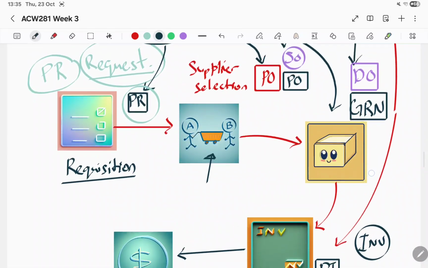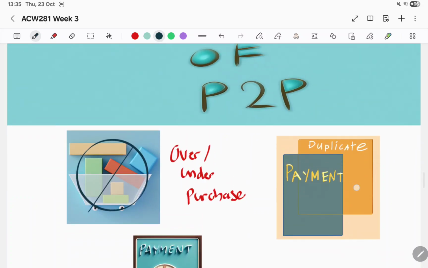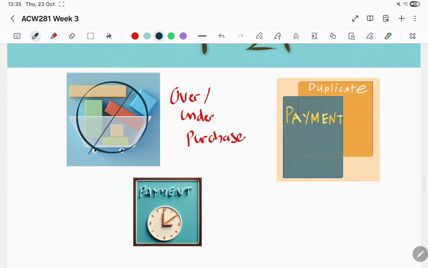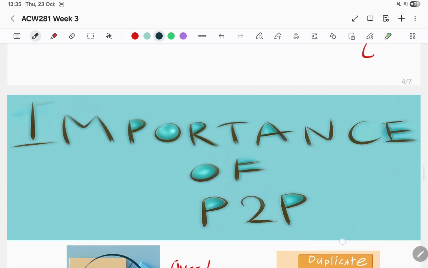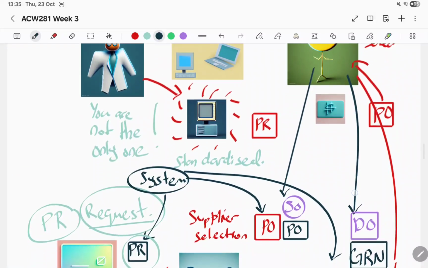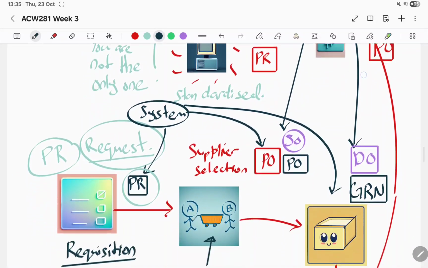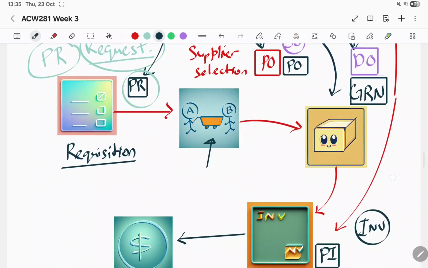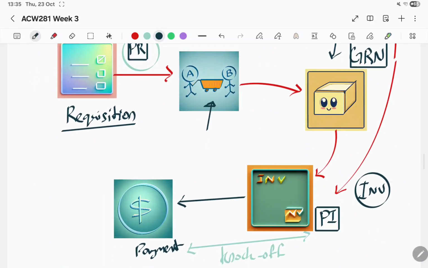We also want to have this procure to payment to ensure that the payment is not overdue, in the same sense that we give credit limit to the customer, right? The supplier also gives credit limit to you, and you want to pay them over here, right?